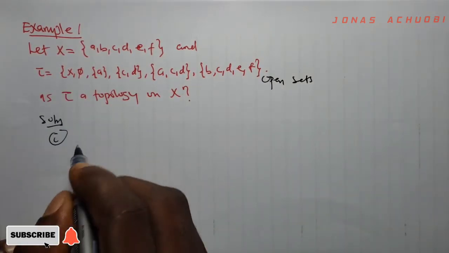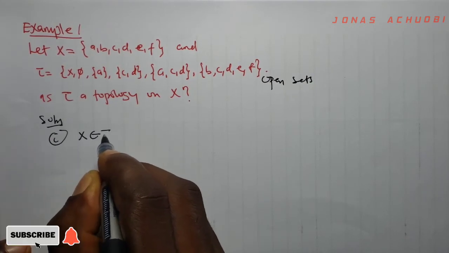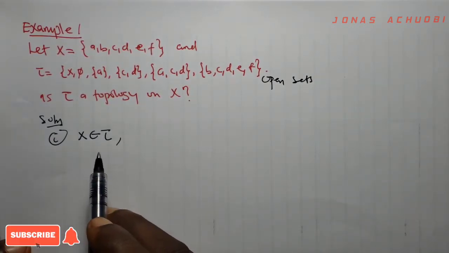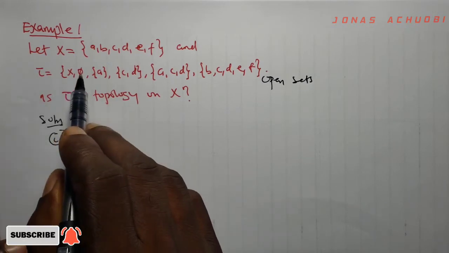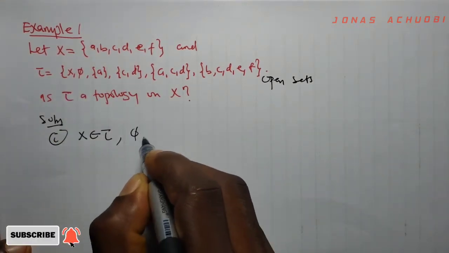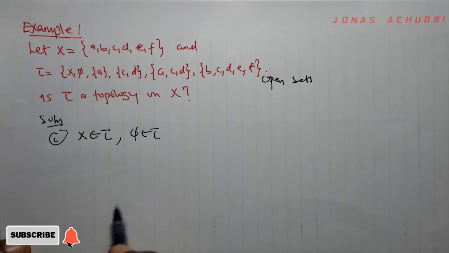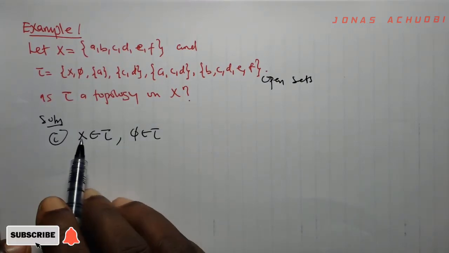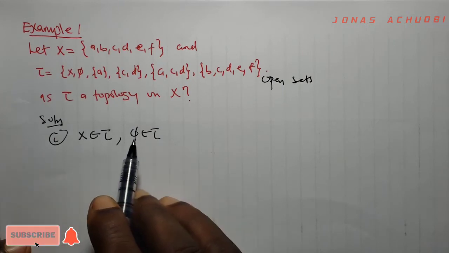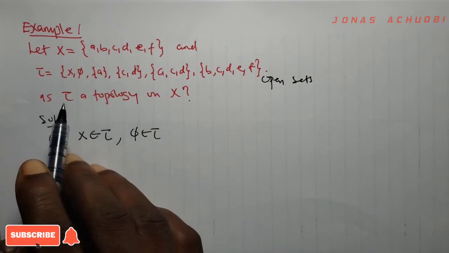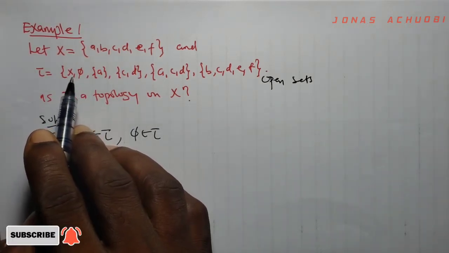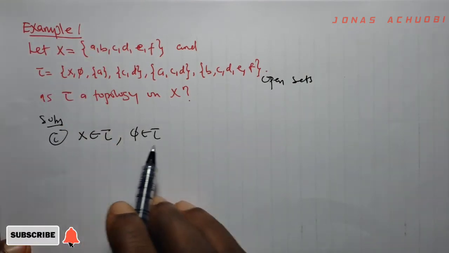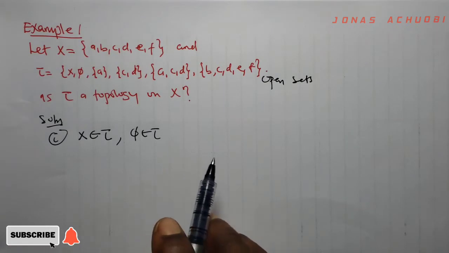There is X here. We've seen that X is an element of the collection tau. We now check again if the empty set is also in tau. Phi is here. The empty set is also an element in tau. So the first condition of our definition is satisfied.